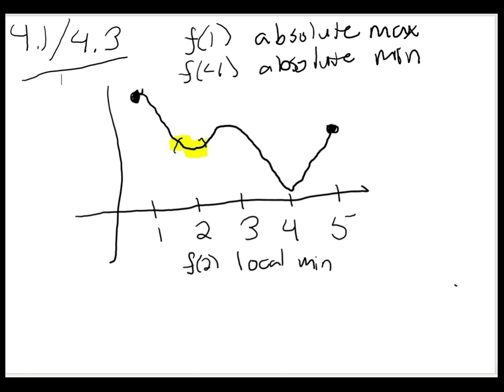It sort of has that valley at 2 comma f of 2. Similar with f of 4. And then you could say, well, is there any local maxes? And yes, by just looking, you have f of 3.